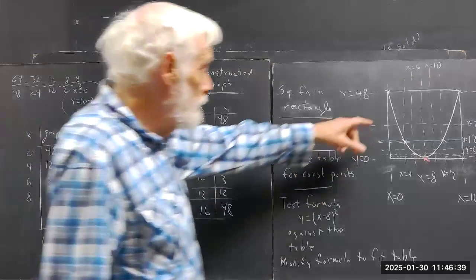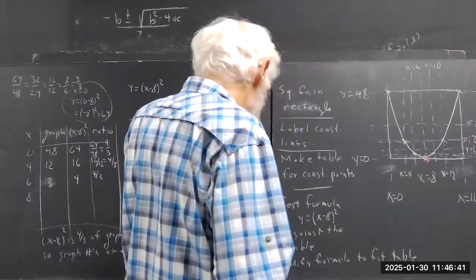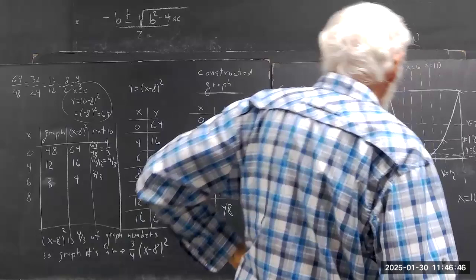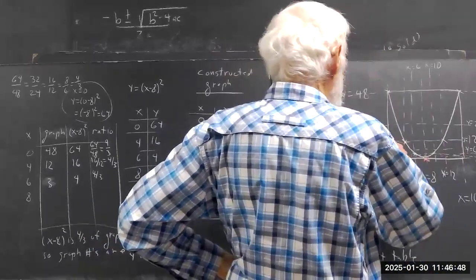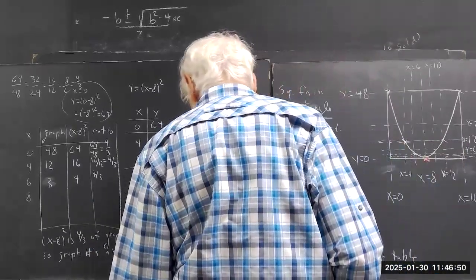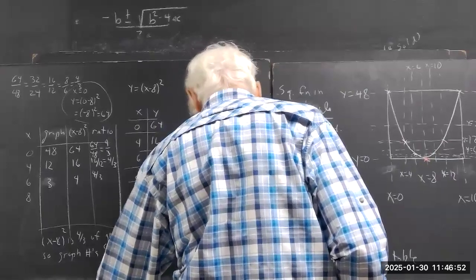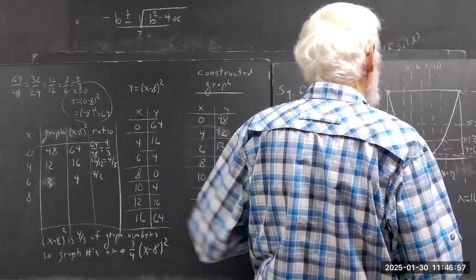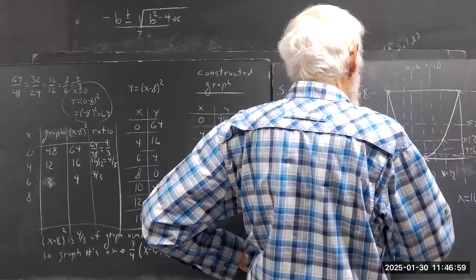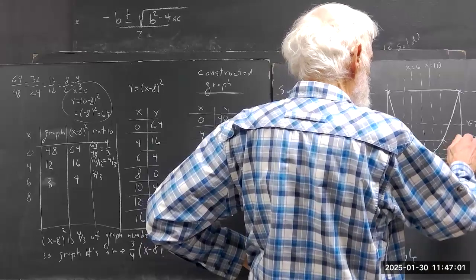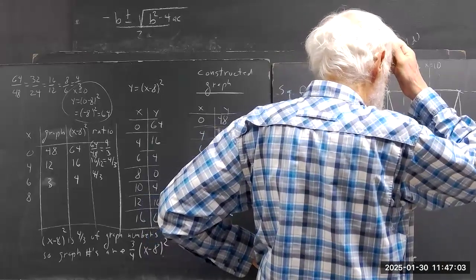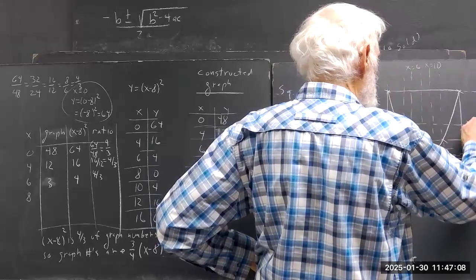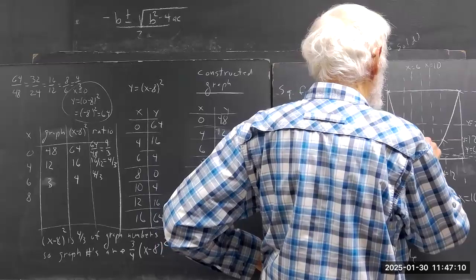Now I want to go back to this graph here and get something else. First of all, we could estimate the solution to the equation. And there's 12, there's 24. Do 16. 16 is about a third of the way between 12 and 24.